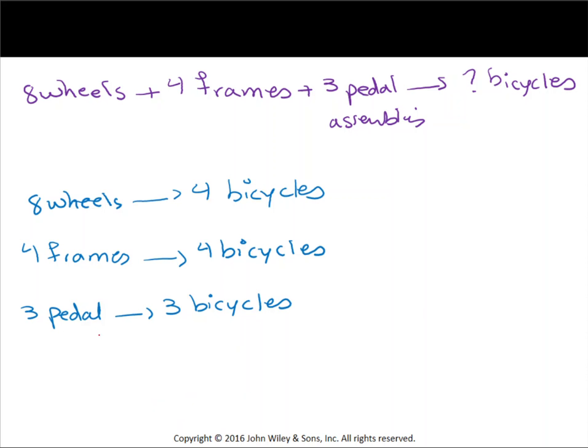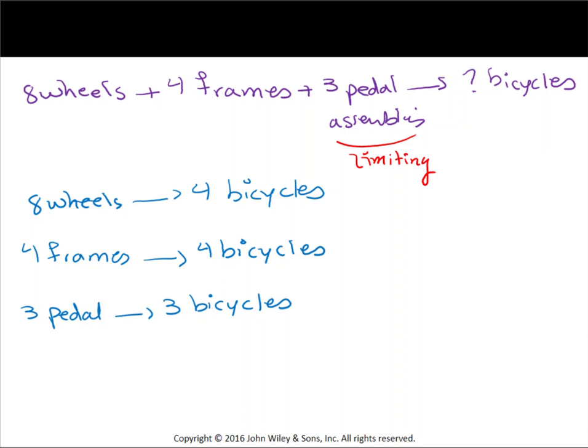Since the pedals give you the fewest number of bicycles you can make, it means that we don't have enough pedals to make more bicycles. So the number of bicycles you can make is limited by the number of pedals you have available. So pedals is going to be your limiting part, or limiting piece, in this process.